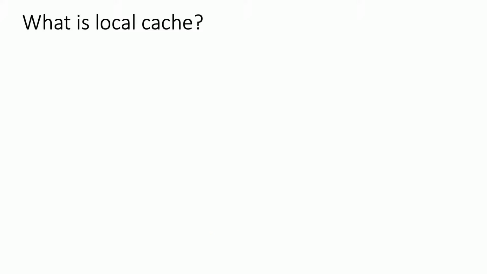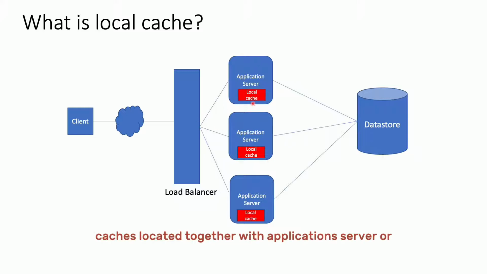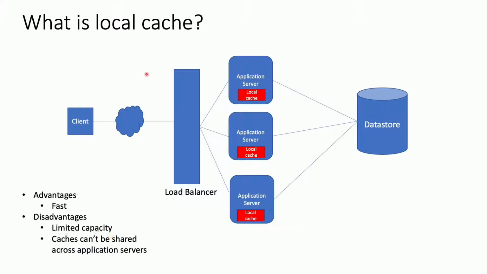Let's look at what a local cache is. Local cache refers to caches located together with the application server or web server or microservice, etc. Local cache has its advantage, that is, it's very fast because the application server can access data locally.